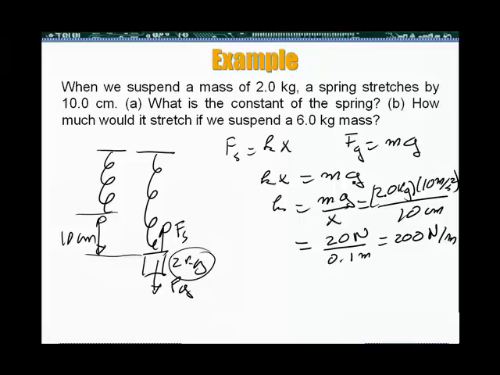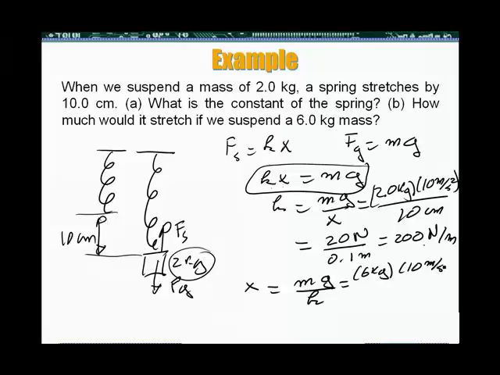Now, if we suspend a 6 kilogram mass, it's going to be the same equation as we wrote here, with the K that we just found. The only difference is going to be in X and M. So we write that same equation, but in this case, we'll solve for X. So X is mg over K. In this case, M is 6 kilograms times g, 10 meters per second squared, and then over K, which is 200 newtons per meter.